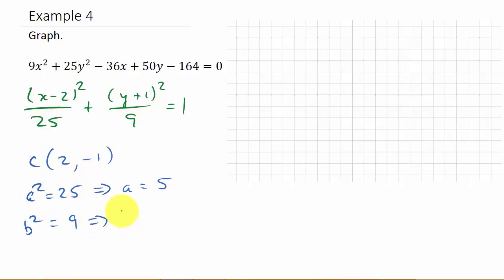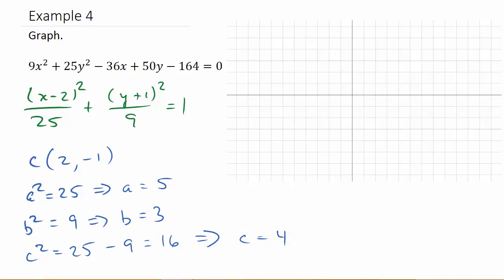That implies b is equal to 3, and from this we can get c. So remember, c squared is a squared minus b squared, which in this case is 16. So that implies c is the square root of 16, which is 4. Alright, so now we've got everything.